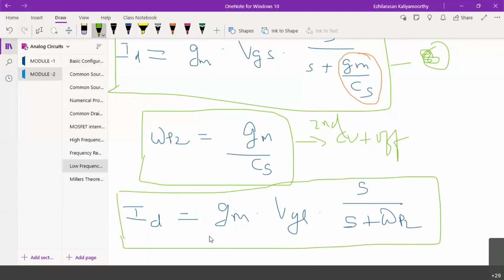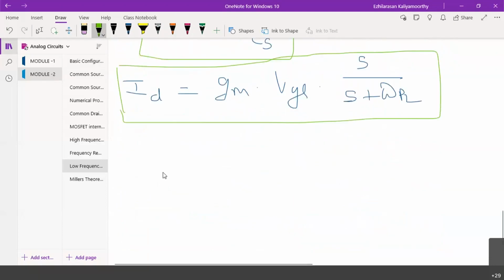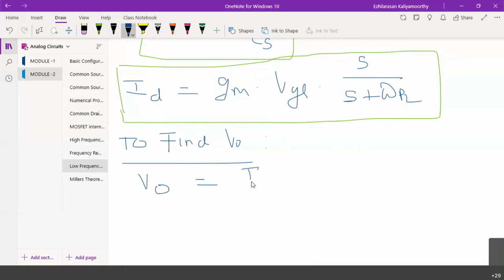Next we have to find the output voltage, that is V0. We know that V0 is equal to I0 into RL.